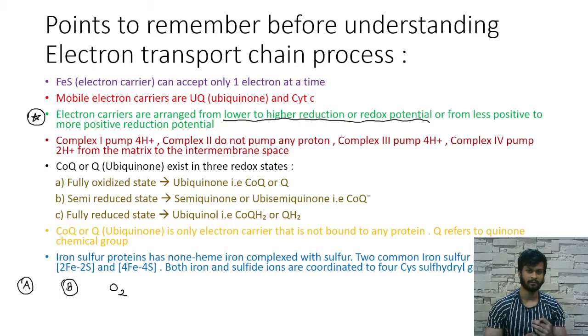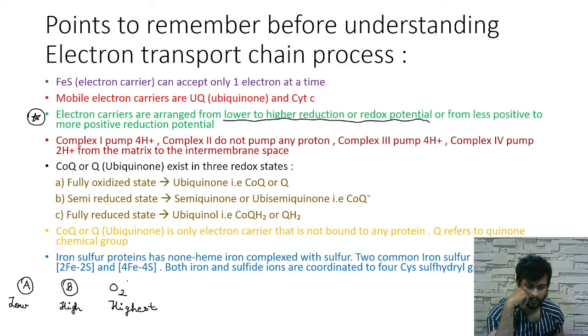Reduction potential means the potential or ability to accept hydrogen atoms and electrons. So if in the electron transport chain the electron carriers are arranged from low to high reduction or redox potential, it is a true statement, because electrons will be pulled by the next electron carrier. Why?